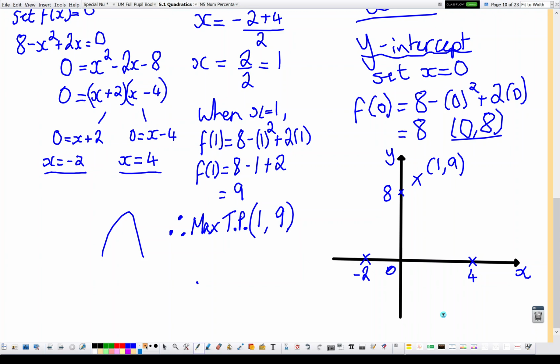So I'm going to use a different colour pen just to highlight it. So remember, it's a sad face parabola that is going through all of these points. So it's going to be a sad face kind of hill shape going through these points, turning at 1, 9 and then going back down there.